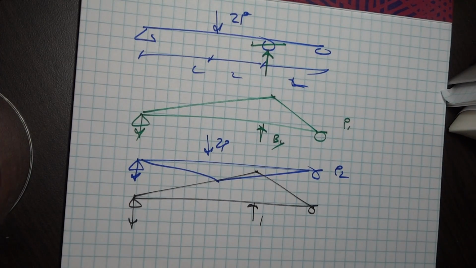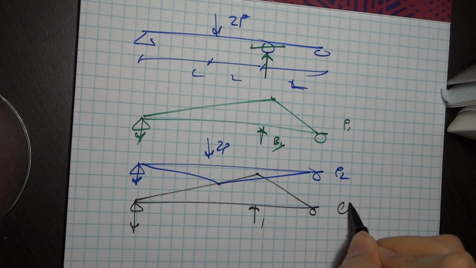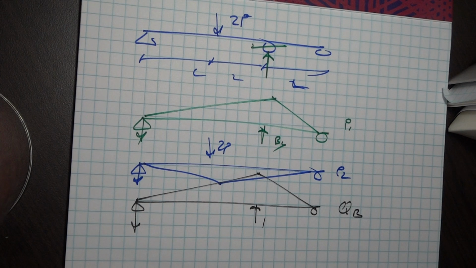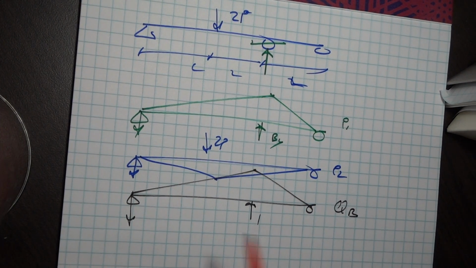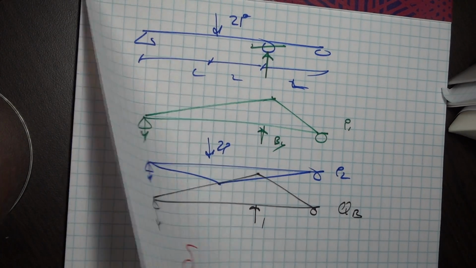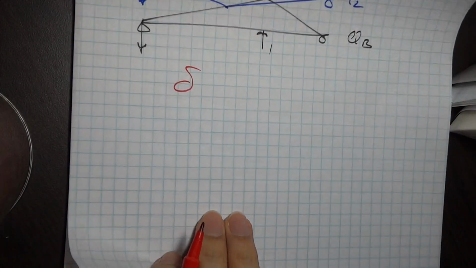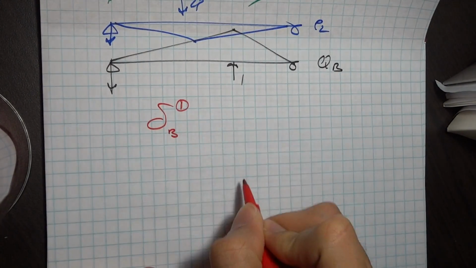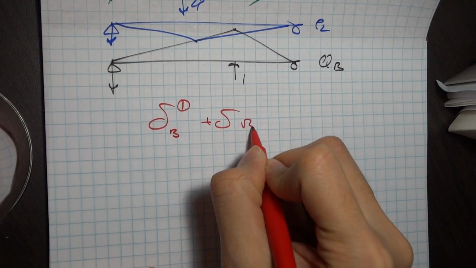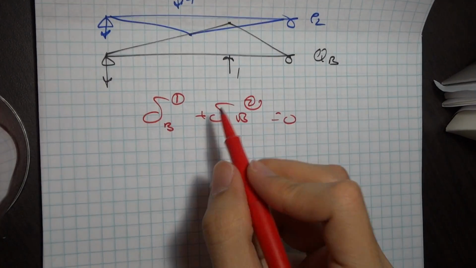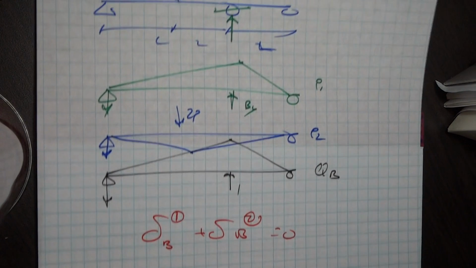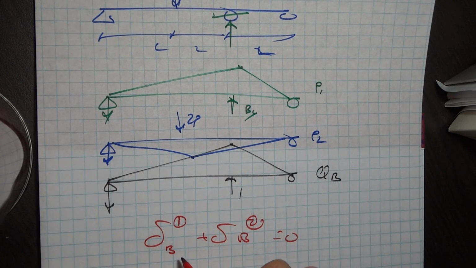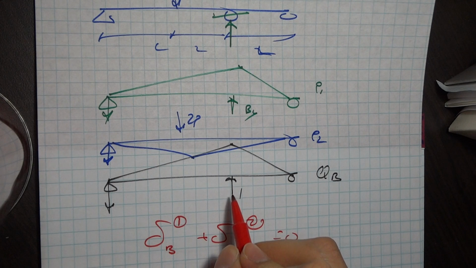So again, just as a reminder, the general procedure for this type of problem is, this is my QB system. I'm going to find delta B twice. I'm going to find delta B due to 1 plus delta B due to 2 equals 0. The reason why I'm adding these two together is because both of my deflections are assuming that positive is in this direction.